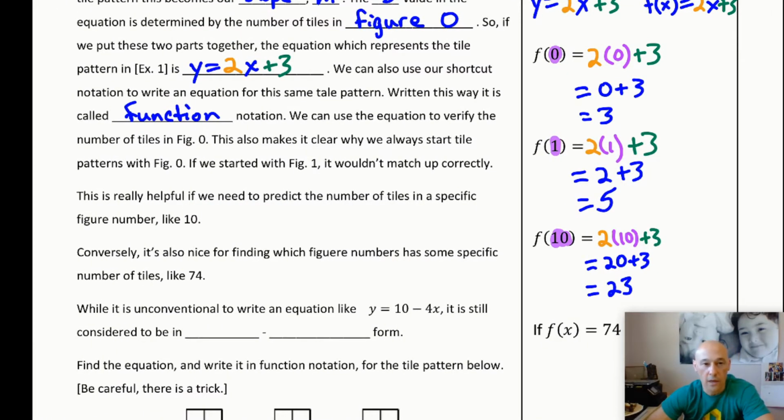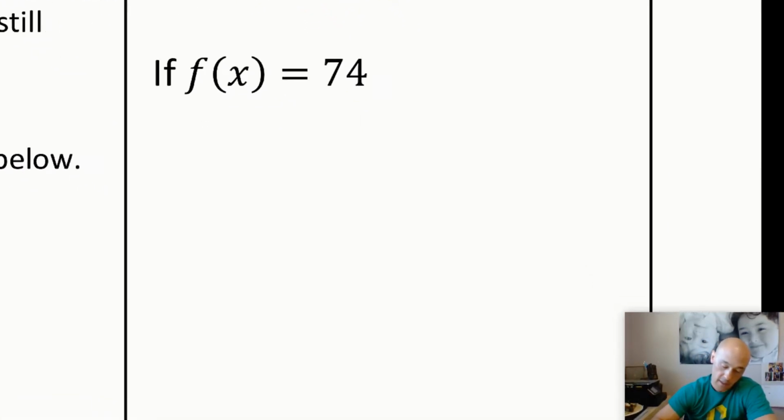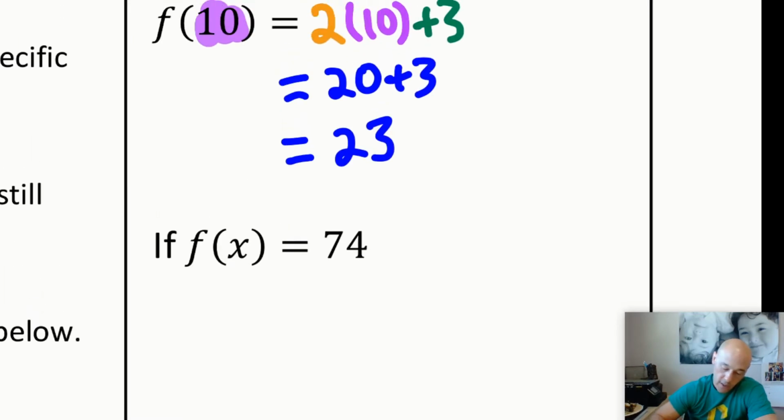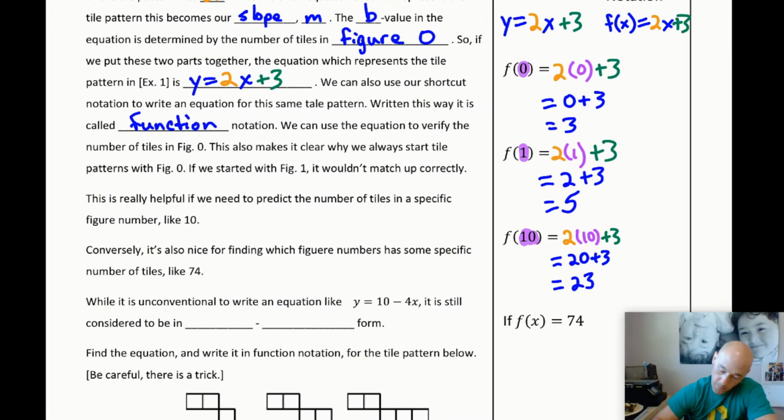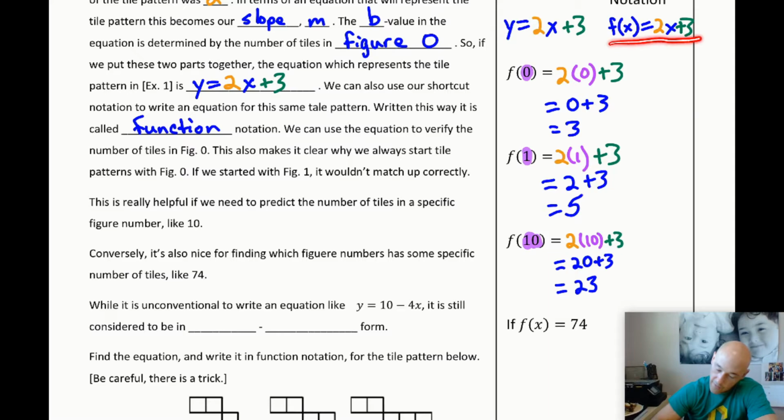Conversely, it's also nice for finding which figure number has some specific number of tiles, say 74. So this right here says which figure number, x, we don't know it, it's an unknown, which figure number has 74 tiles? So the way that we can do this is, if we look up at our original up here, f of x is equal to 2x plus 3.